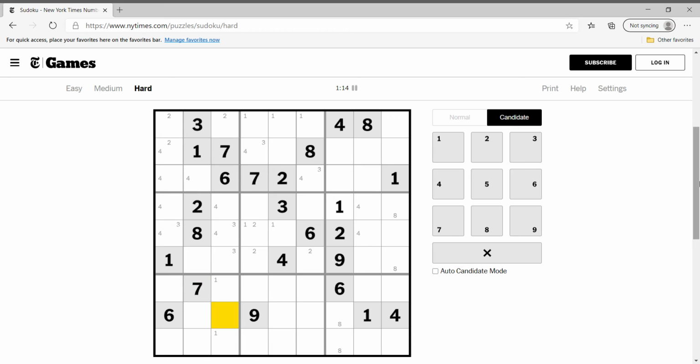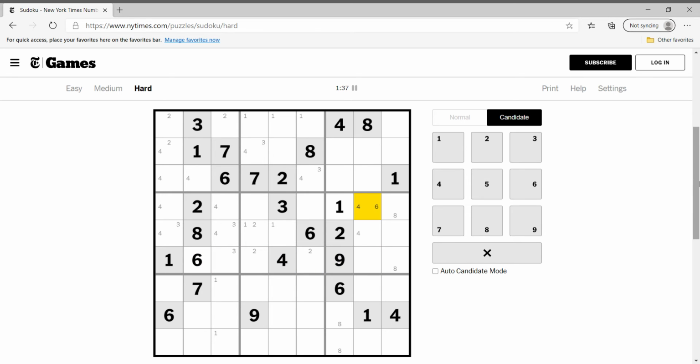Could come in handy. 5. Well, I'm not even sure where 5 would go. We'll come back to it. 6. The 6 I see can only be in this cell, right?